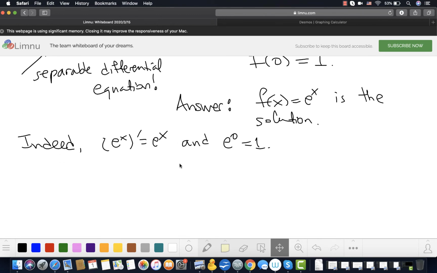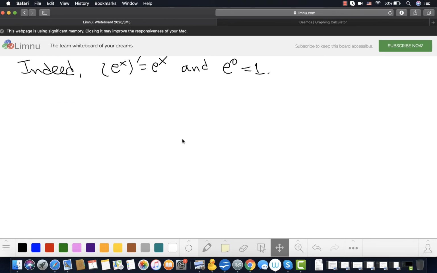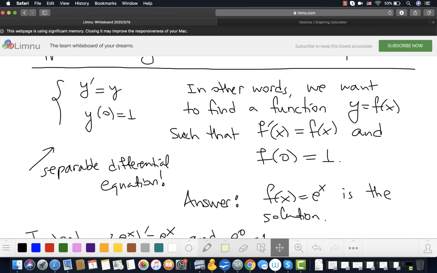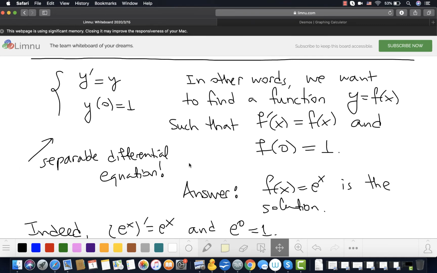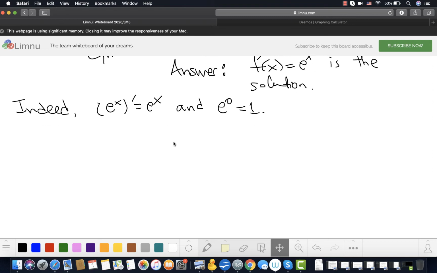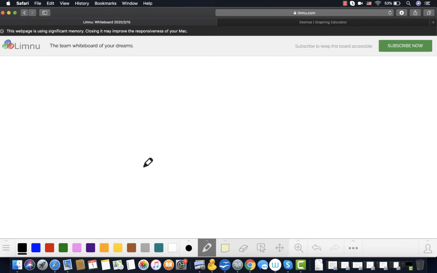It's called a series solution to differential equations. Which basically means that you try to figure out the solution, so let's pretend we don't know e to the x is a solution. You write down a potential solution as a power series, and then you want to find the coefficients. Let me illustrate it.